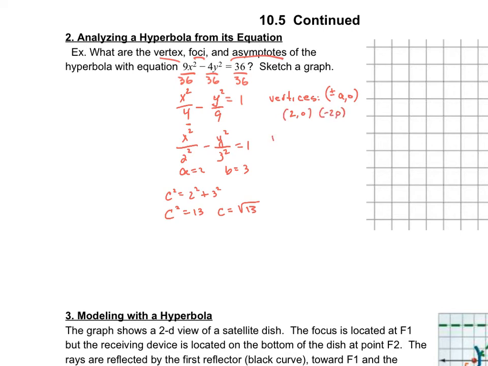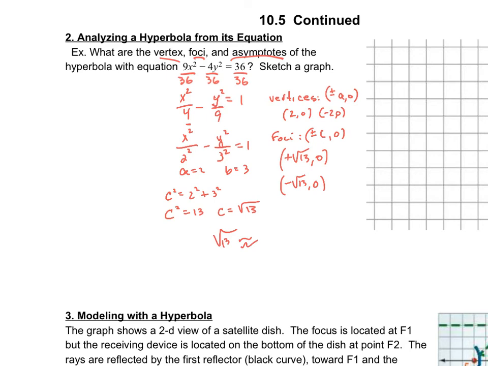My foci are going to be plus or minus c, 0, because they lie on the same horizontal line as my vertices, so my foci are plus the square root of 13, 0 and minus the square root of 13, 0.